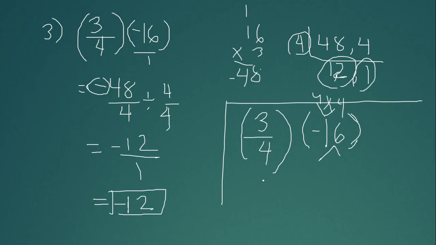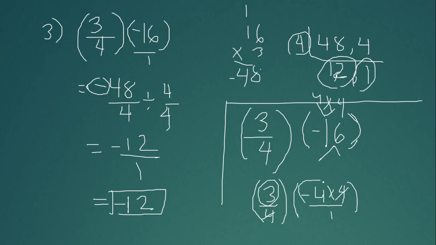So ang given natin ay becomes 3/4 times -4 times 4 over 1. So canceling 4 and 4, the remaining is 3 times -4. 3 times -4 is -12 over 1, or -12. Final answer.